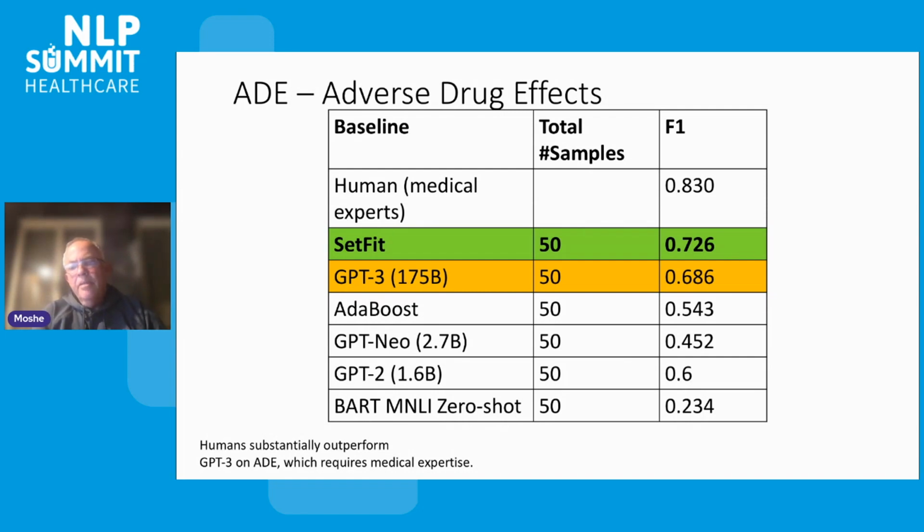In this case, humans substantially outperform GPT-3 on ADE, but this is quite obvious since it requires medical expertise. What we see here is that SetFit outperforms GPT-3 and significantly boosts performance versus the other models. And last, the zero-shot model that we discussed at the start of the presentation has the lowest performance.